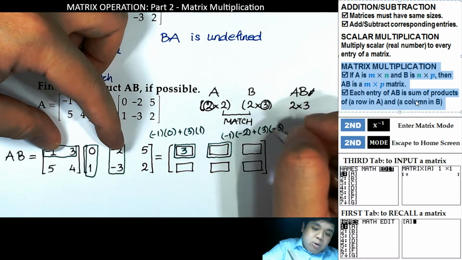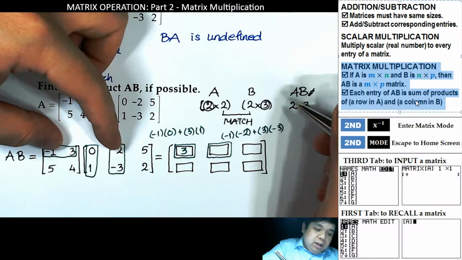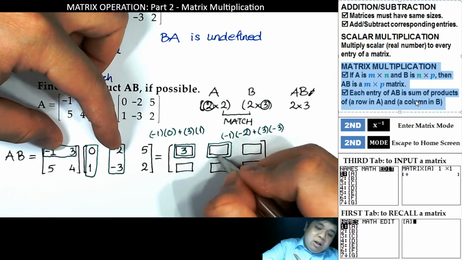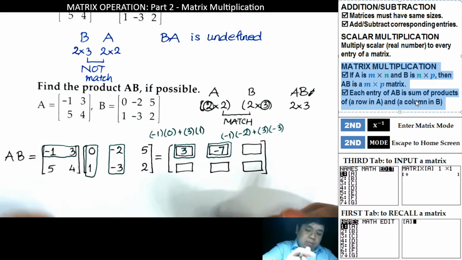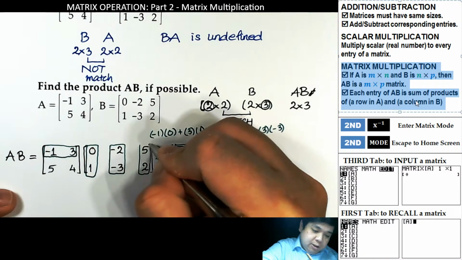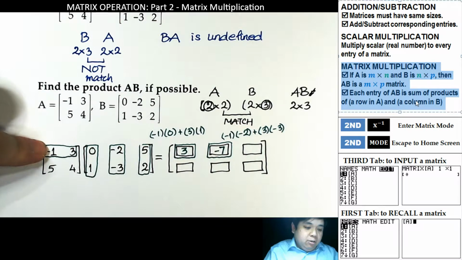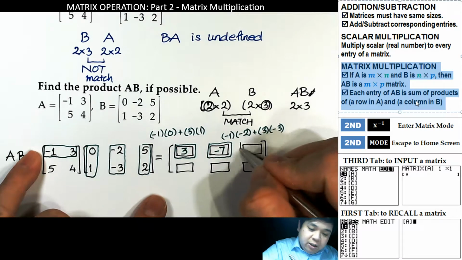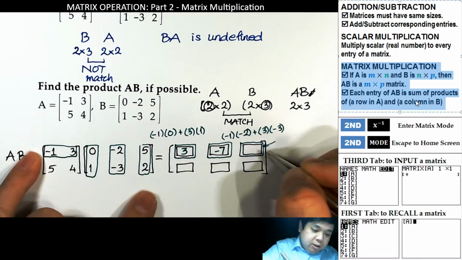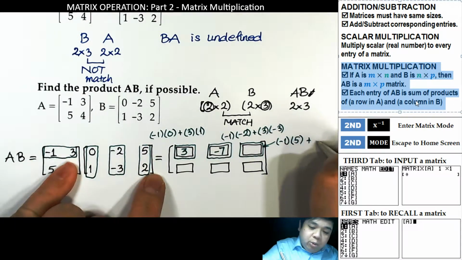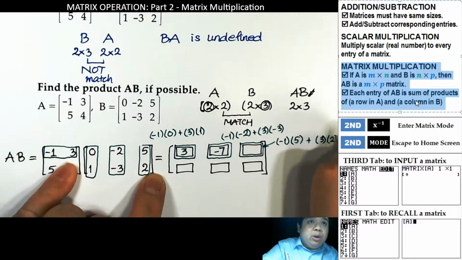So that will be +2 -9, which is -7. And then first row, third column gives us the first row, third column entry: -1 and 5, and 3 and 2.